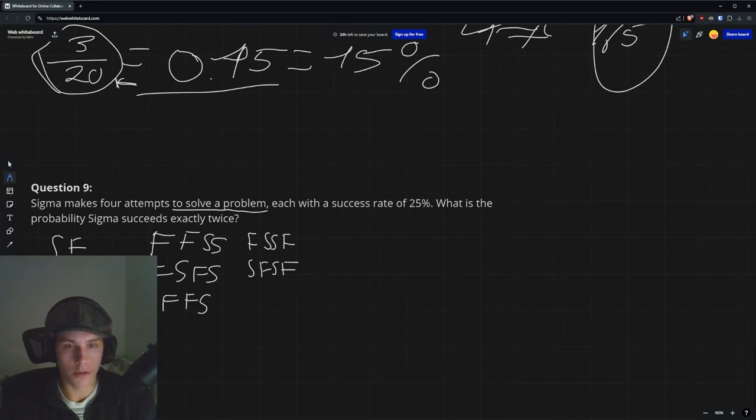Oh, I know, there should be 6. So yeah, success, success, fail, fail. Okay, so these are all the possible options, and the principle is really simple.